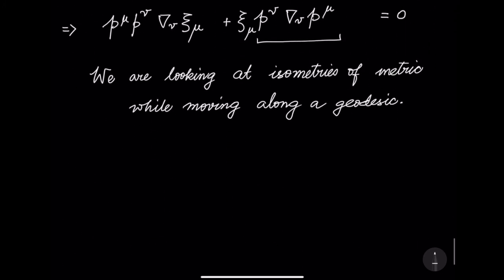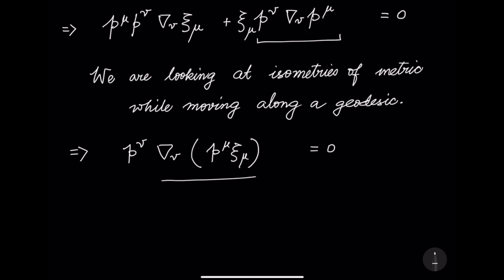And now what does it become? Now something interesting happens. p nu stays as it is outside. But I can write this now as grad nu of p mu xi mu. Because if I break this, the covariant derivative follows the Leibniz rule.